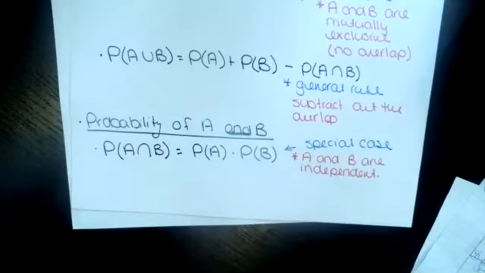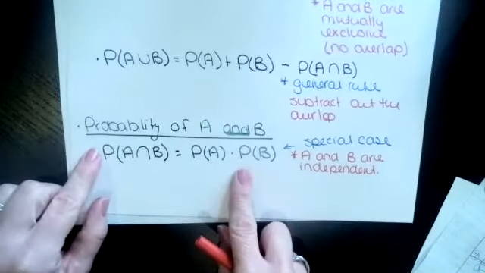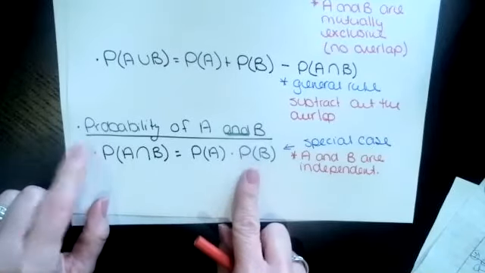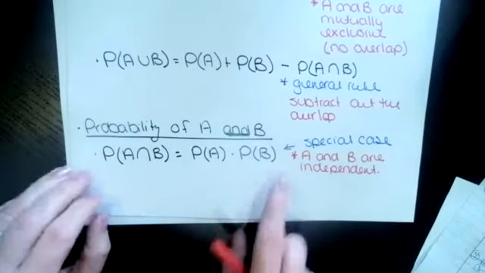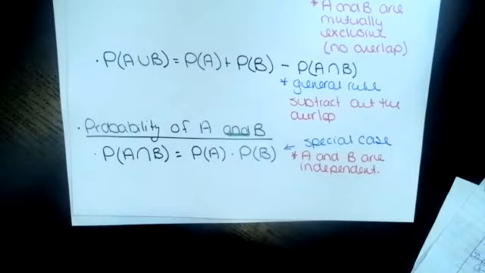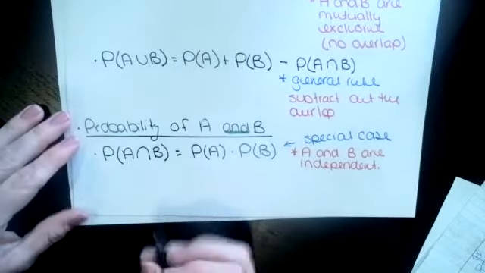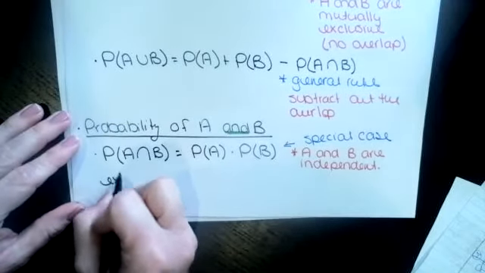So those are my rules. Maybe I'll show you a quick example here. I'm just going to squeeze it in here. We have a couple minutes. Well, look at this.